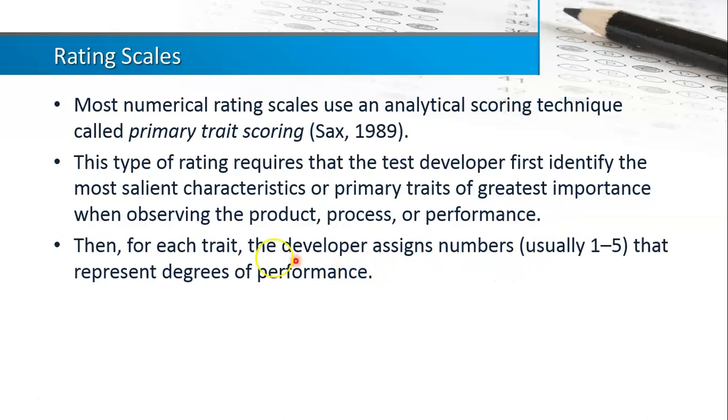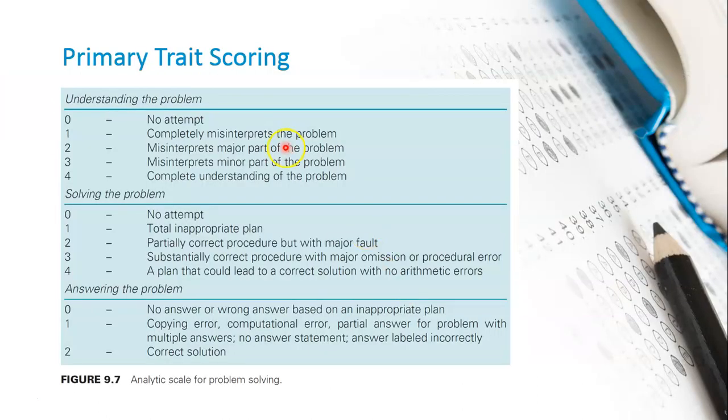Okay, so normally you usually give points within 1 to 5 to represent the degree of the performance. So this is well done or not done at all. For example, here, this is an example of primary trait scoring. For example, you understand the problem. So it's scored either 0, 1, 2, 3, or 4.